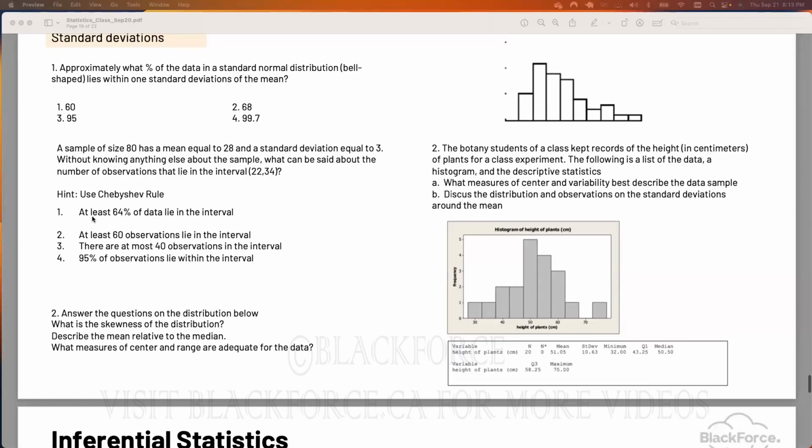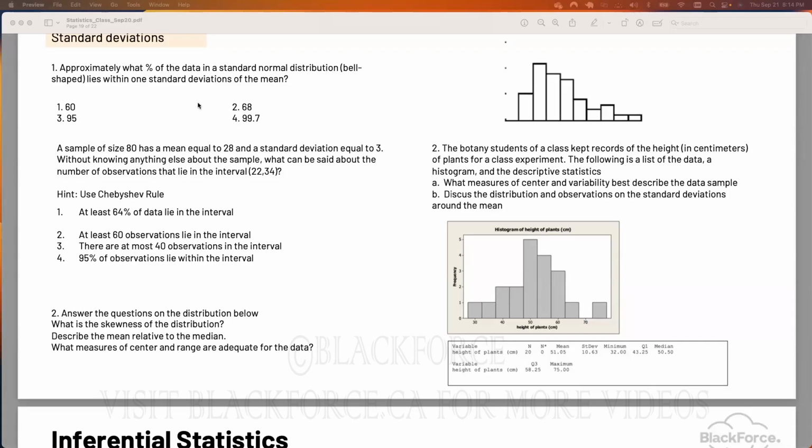So is the answer at least 64% of the data lies within the interval, or should it be number 4? Number 4, 95% of the observations lie within. Okay. Yes. So if it were a normal distribution, that would be the case, right? In this first case, remember the question says, what's the percentage of data in a standard normal distribution?